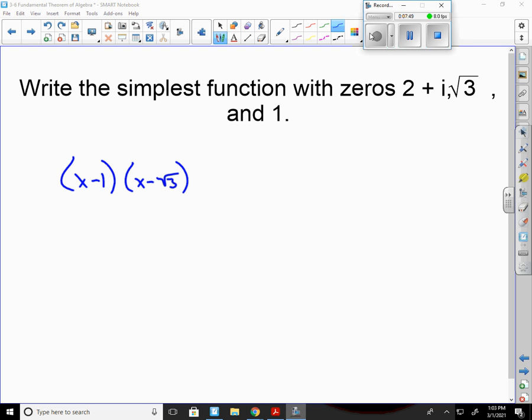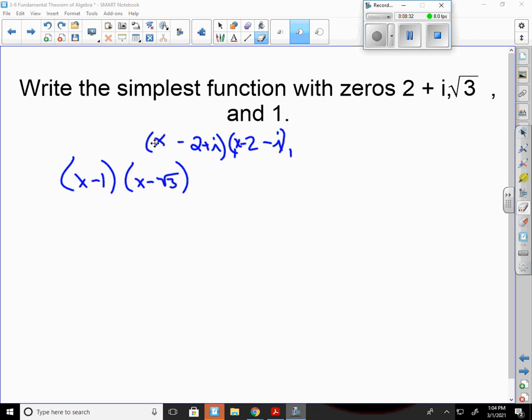So what I should actually do is look at this from a different perspective. If we think about our rational root theorem and our conjugate root theorem, that tells us that we really have 5 roots here instead of 3. Think about the fact that we end up with all these plus or minuses. So this would be 2 plus i and 2 minus i, and that's going to be x minus this now, and x minus this.